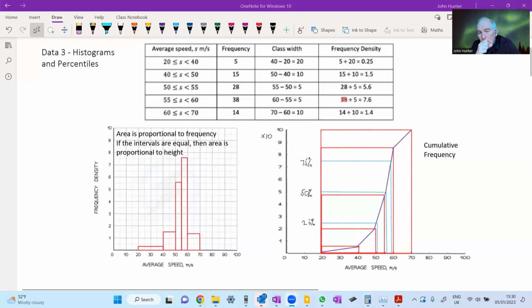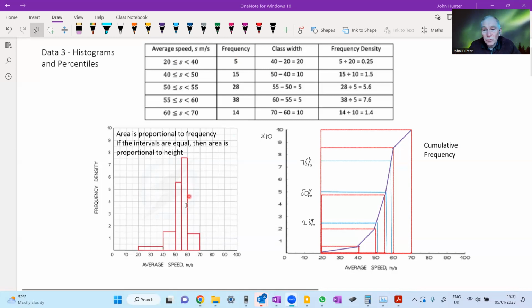Okay. The way we present this on a frequency density chart, and that's what we've got here, is for each class interval, we make this area proportional to the frequency. So there are 5 in this bottom category here, 20 to 40.